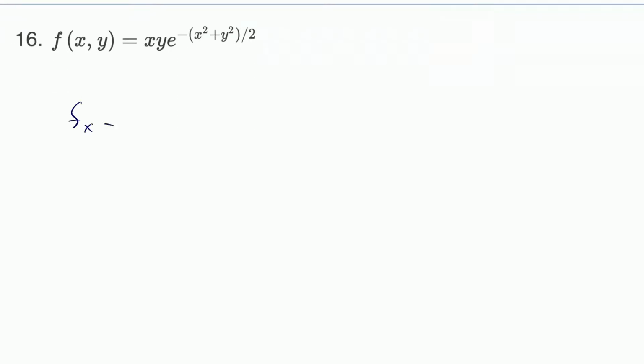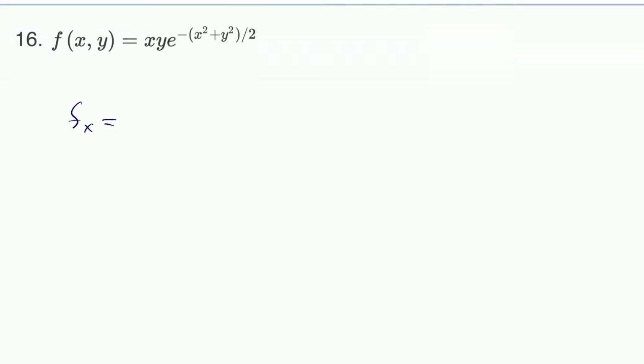F sub x, I'm going to use the product rule. Let me say what I'm going to do ahead of time, and then I'm going to do it. Product rule and chain rule. When I get to that e to the whatever, that's the chain rule. And the y, so for f sub x, the y is irrelevant.